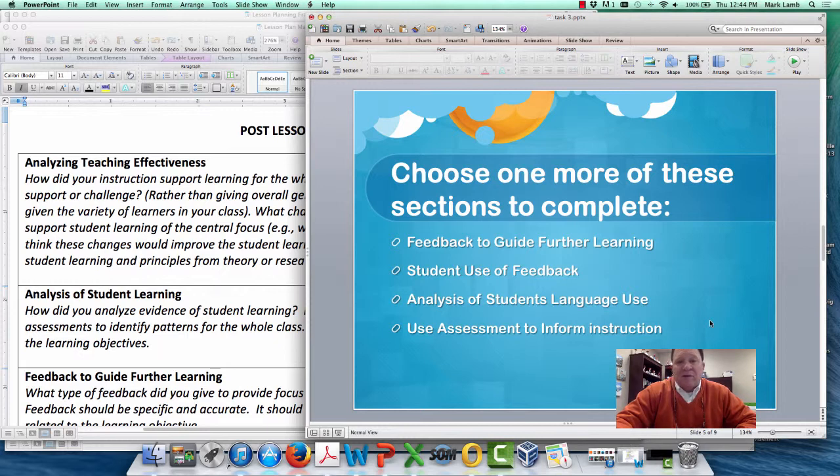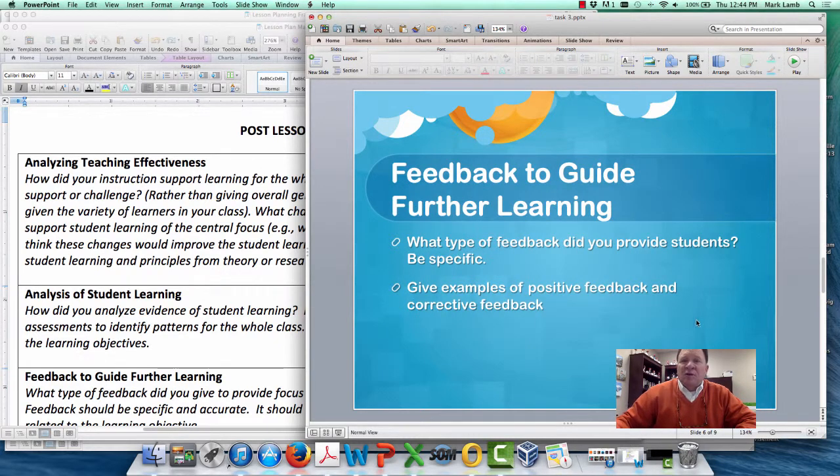topic to respond to. So, feedback to guide further learning. What type of feedback did you give the students specifically? Again, pull out the work samples. Talk about classroom structures that you had in place. Did you use thumbs up, thumbs down with the students?